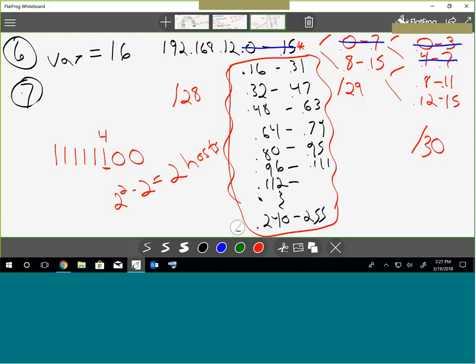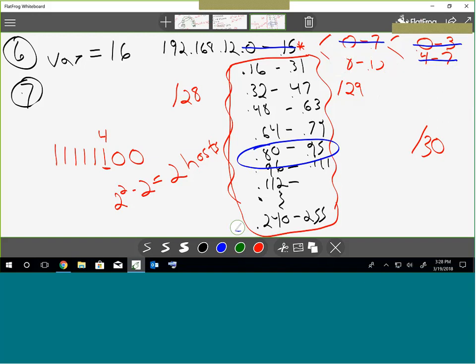But if we decided we actually needed a /29, we haven't used these 2 right here, so we can just back up and use this. So you can pull out this network and use it, as long as they don't overlap.